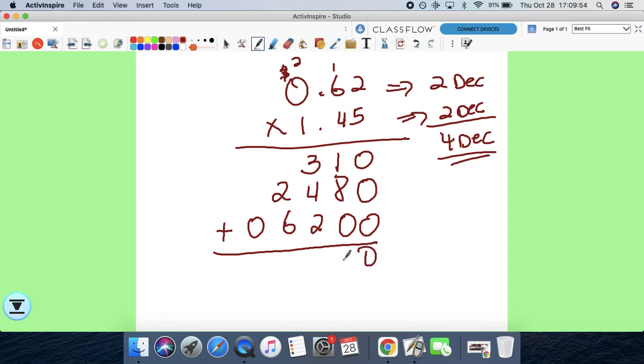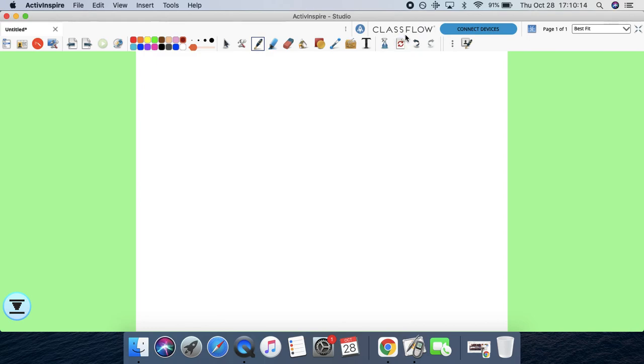Add this. 8, 9, 9, 8, 0. So how many decimal places? 4. So we're going to count. Where do we put the decimal? The decimal is going to be right here. 1, 2, 3, 4. Yeah.